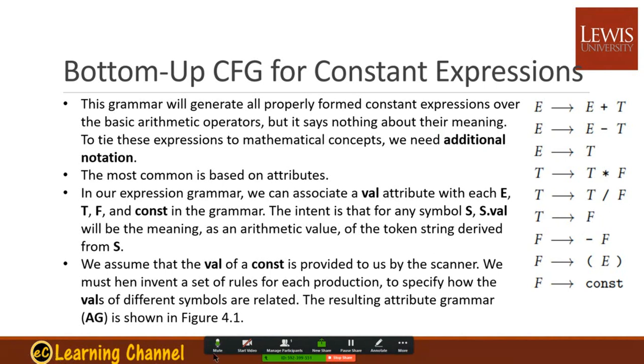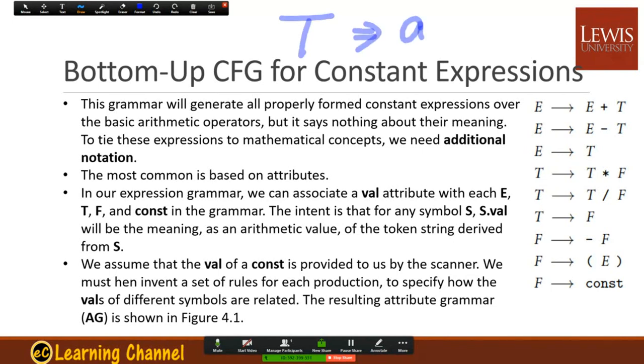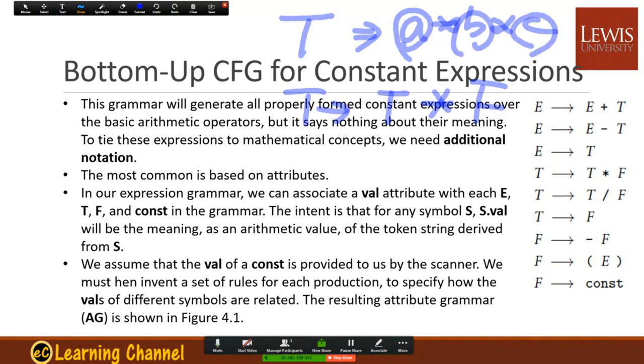So these two grammars actually show you a simple way of writing a good grammar. It's like we have something called term, and this term actually is A times B times C. So term can be a term times factor, and each of these is actually a factor.